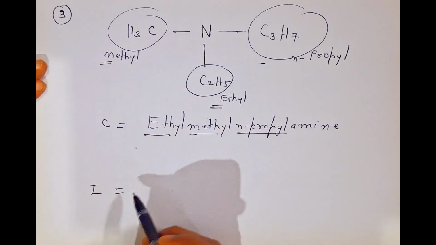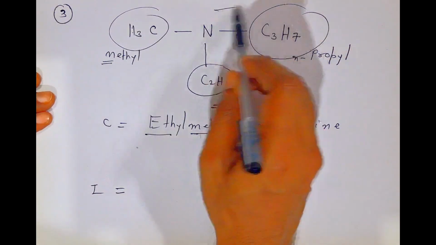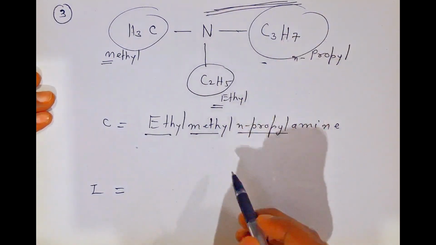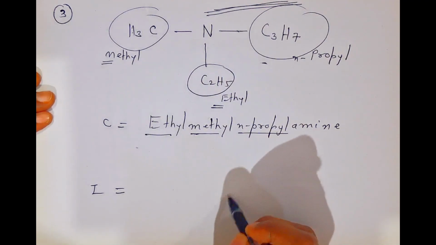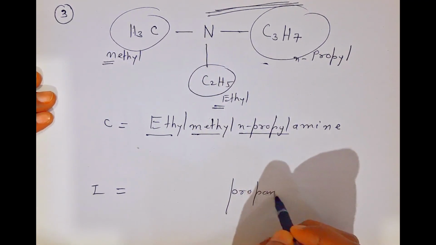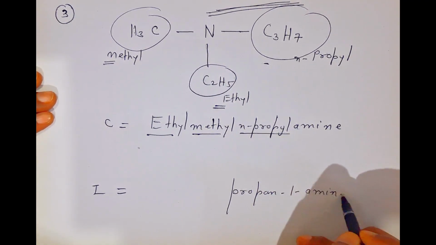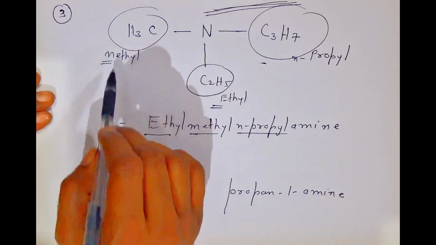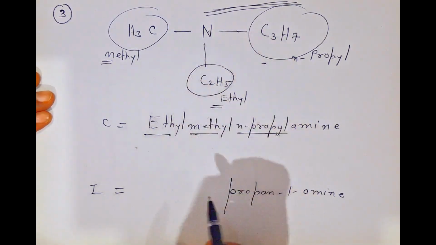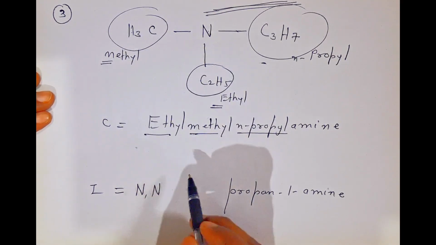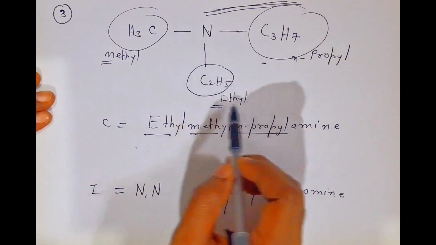What will be the IUPAC name of this molecule, students? The longest chain is this one, so we call it propane. At carbon number 1 the amine is attached, so propane 1 amine will be the parent. Now here ethyl and methyl are both attached to this nitrogen. See students, they are different groups.